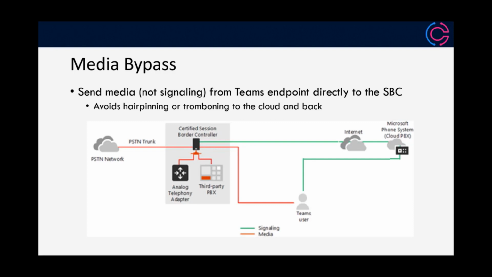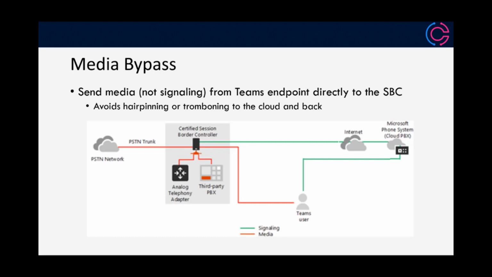So media bypass allows my user to have that audio go straight to the session border controller. And that's the green line here that you can see, where it goes way up into the Microsoft Cloud and then back down to the session border controller.